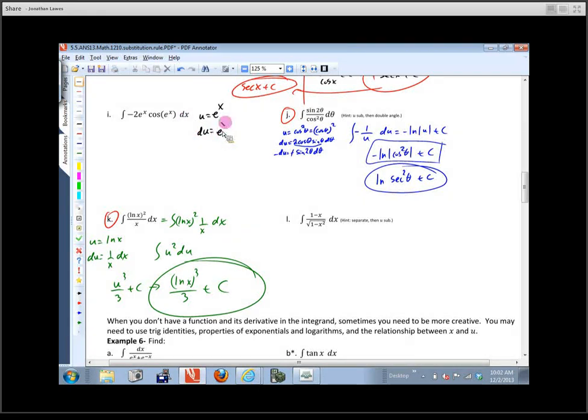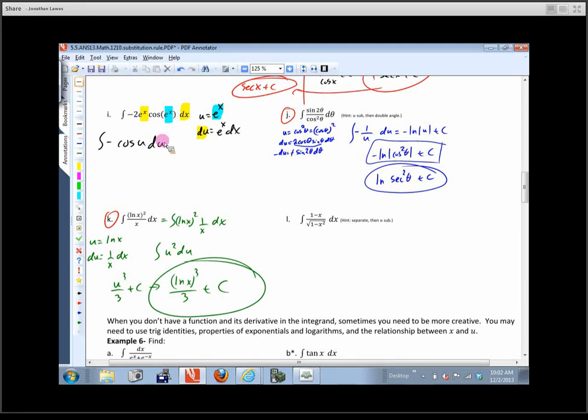So this is going to be e to the x dx. So here's an e to the x dx, so I'll put a du in its place. And then wherever there's this e to the x, I'm going to put a u there. So here's what I've got. I've got minus, this stuff is just a du, and this is the cosine of u.